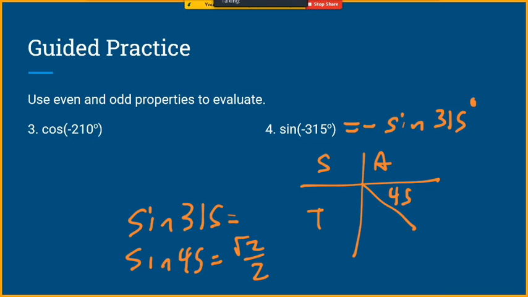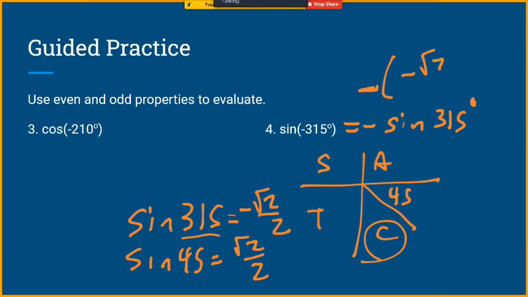All students take calculus. So in quadrant 4, where 315 terminates, sine is negative. So it's going to be negative root 2 over 2. So negative the sine of 315 would be negative negative root 2 over 2. So that's positive root 2 over 2.